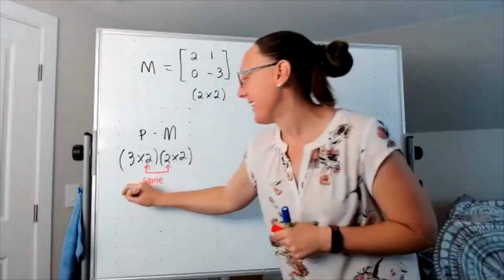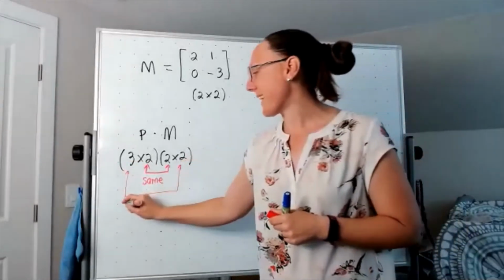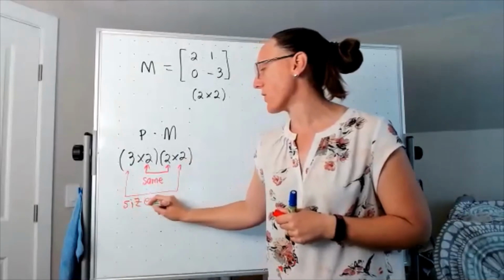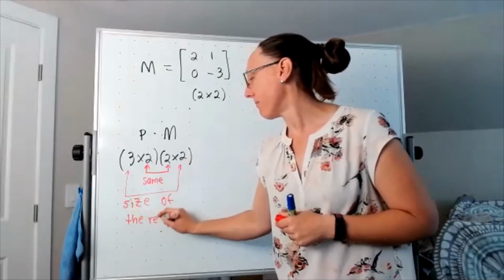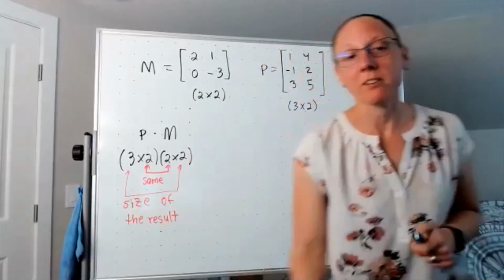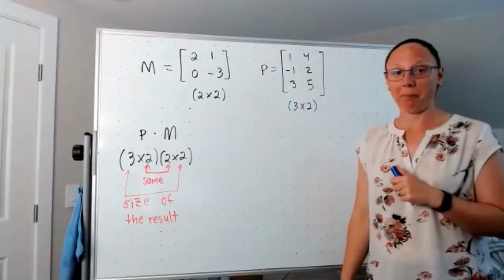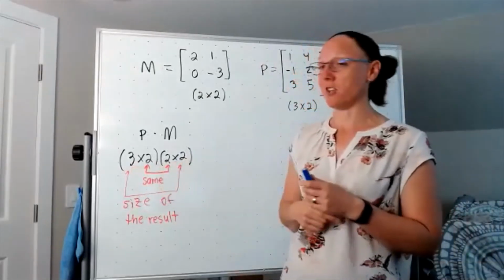And then these outside dimensions tell me the size of the final result. So I'm about to multiply P times M, and that's going to give me a matrix that is 3 by 2.